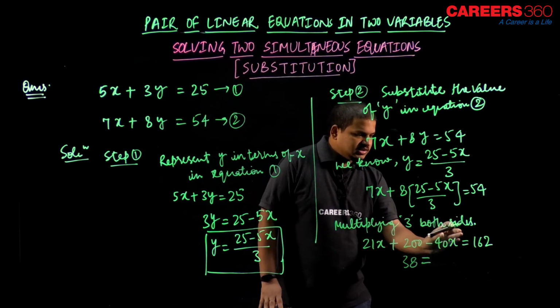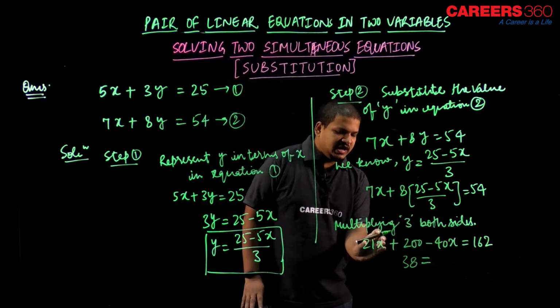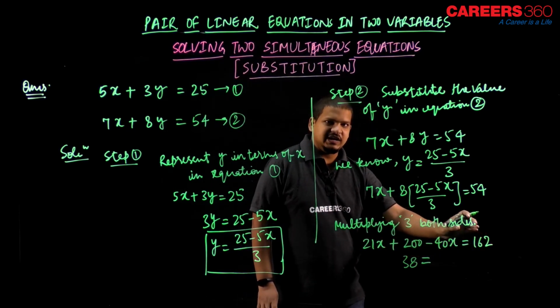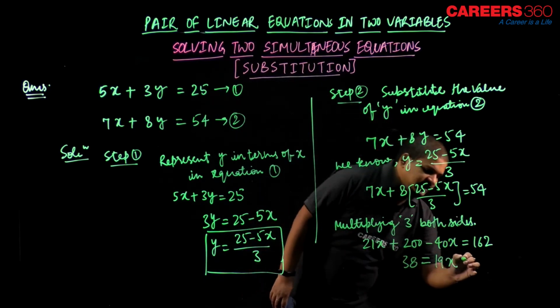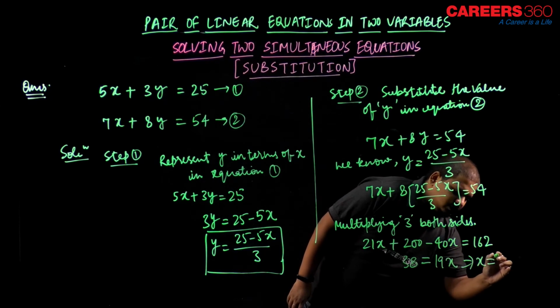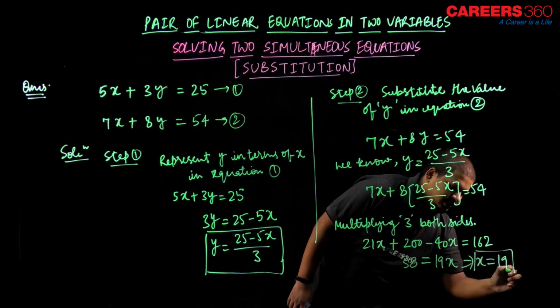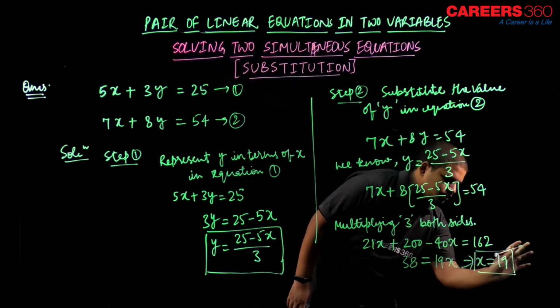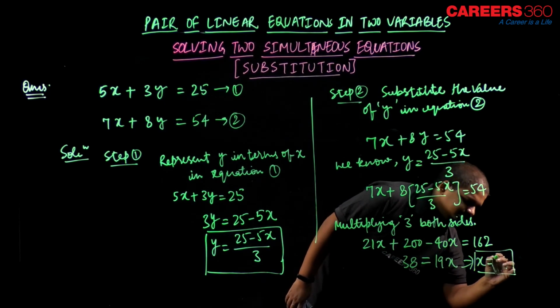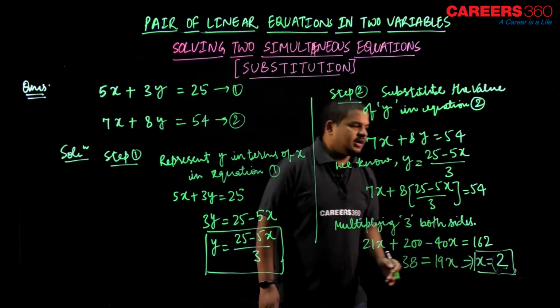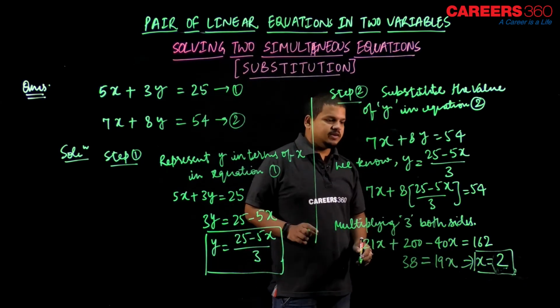And then this 40 will move this side and 21 will move that side, and it will result in 19x equals 38, and that is how I'll be obtaining x equals 2. I hope it is clear, right?